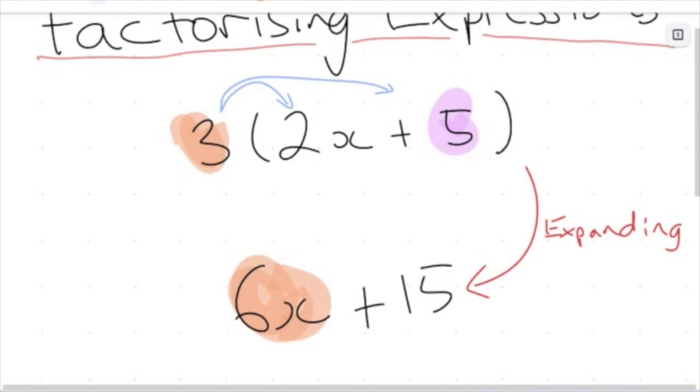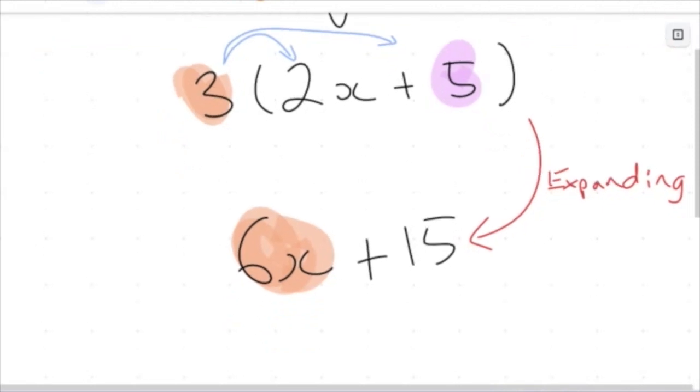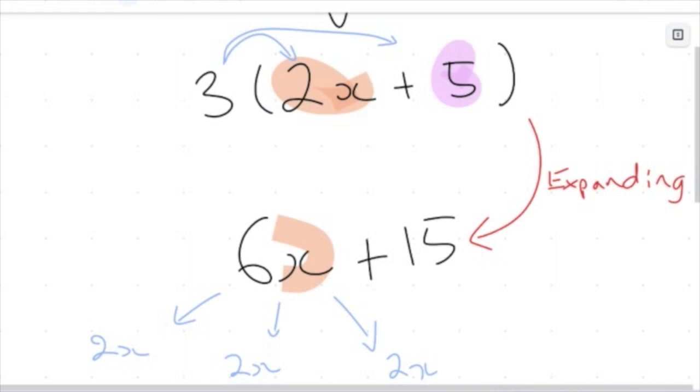Or in other words, what would be 6x divided by 3? Well, to split 6x up into three equal parts, I would have a 2x, a 2x, and a 2x. 2x is what we get when we split up 6x into 3 even parts. And look at that, 2x is the other term inside my bracket.